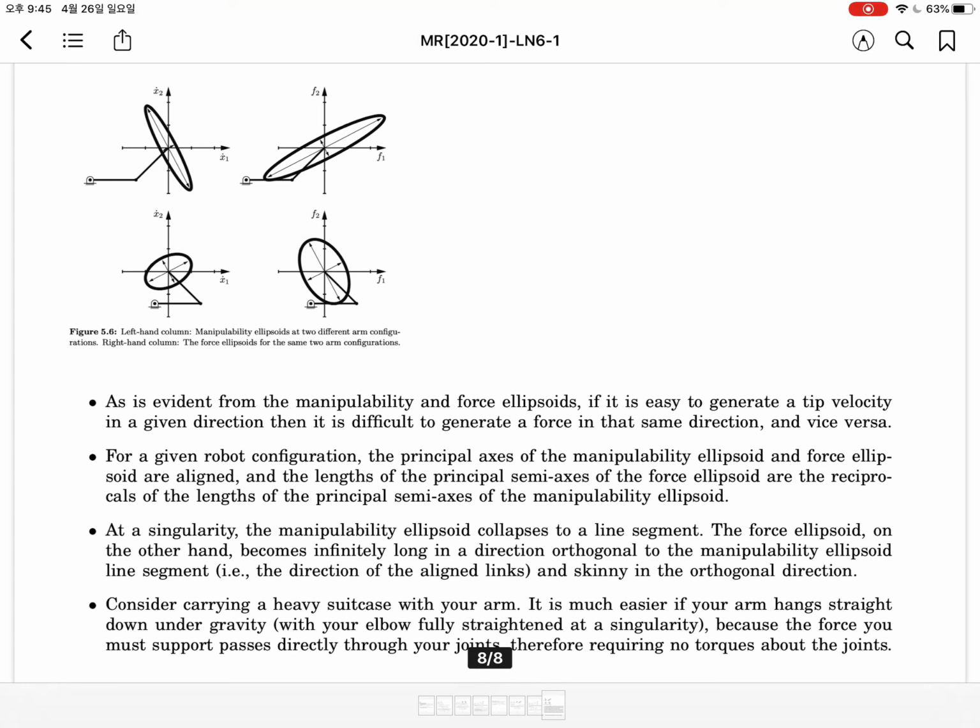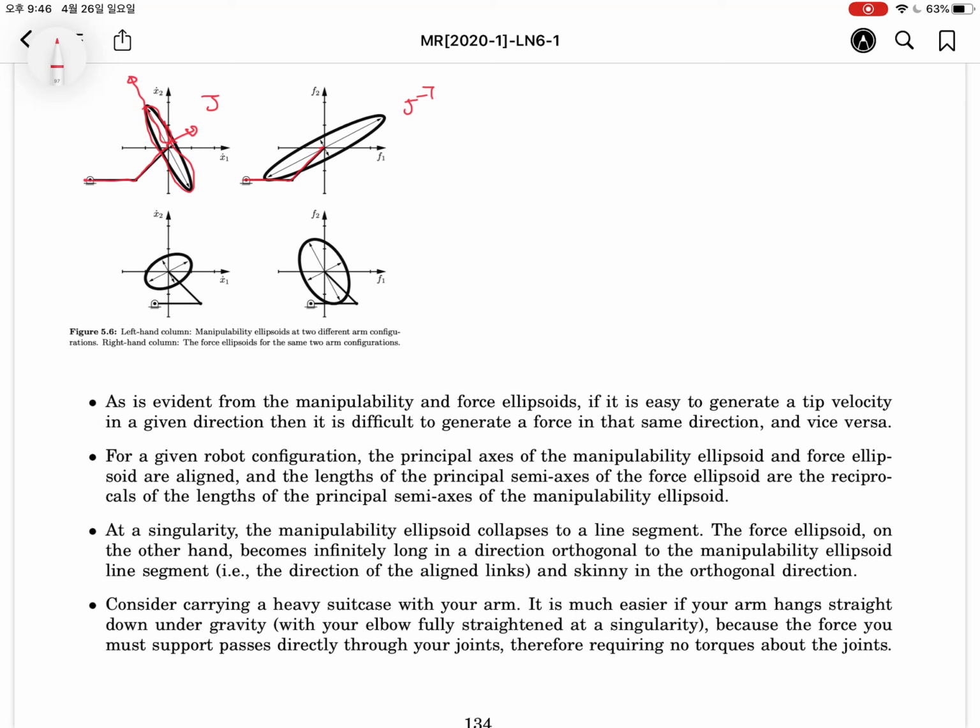So let's summarize the force ellipsoid and the manipulability ellipsoid. At this posture, 0 and 45, the Jacobian and the Jacobian inverse transpose will show this manipulability ellipsoid. Here, this direction is the major axis. This is the minor axis.